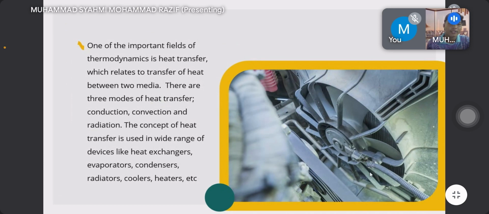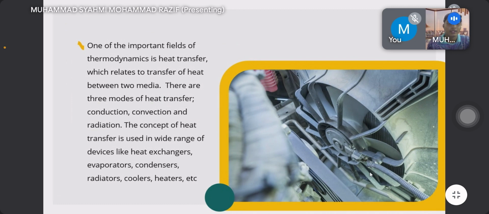One of the important fields of thermodynamics is heat transfer. We relate it to the transfer of heat between two media. There are three modes of heat transfer: conduction, convection, and radiation.